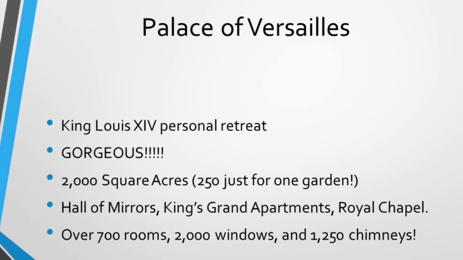In the Palace of Versailles, there's over 700 rooms. That includes 2,000 windows, 1,250 chimneys, just a lot and a lot of space. And this is because he wants to show off. He wants everybody to see how much power he has by flaunting his wealth.